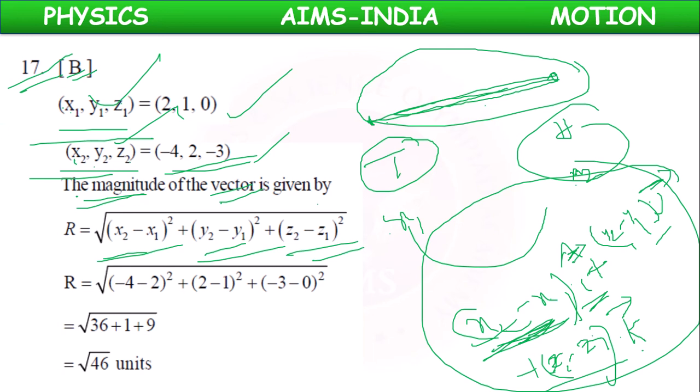If we substitute the values, -4 minus 2 whole square, -2 minus 1 whole square, and -3 minus 0 whole square. -4 minus 2 is -6, whose square is 36, -2 minus 1 is -3, square is 9, and -3 whole square is 9. Hold on: 36 plus 9 is 45, plus 1 is 46, root of 46 units. Root of 46 units. This is the answer.